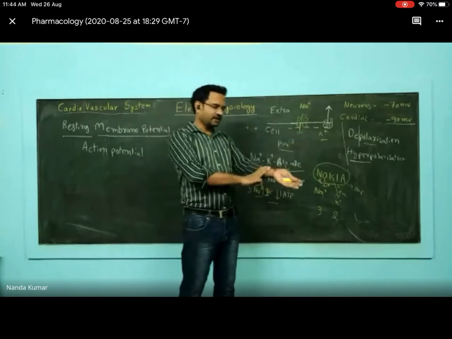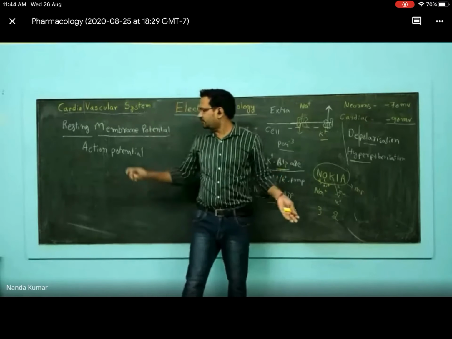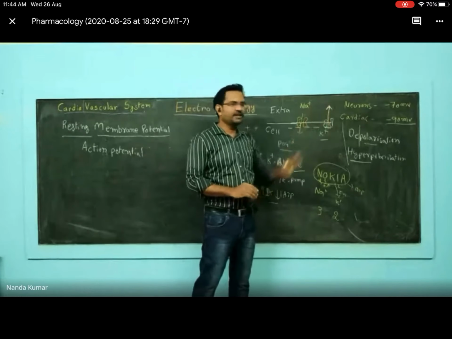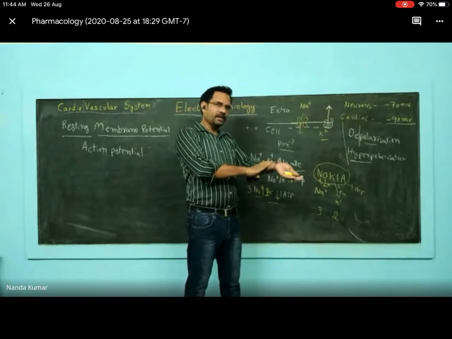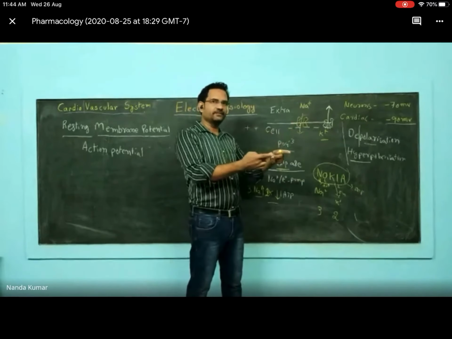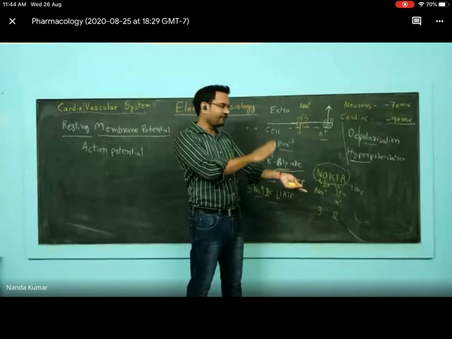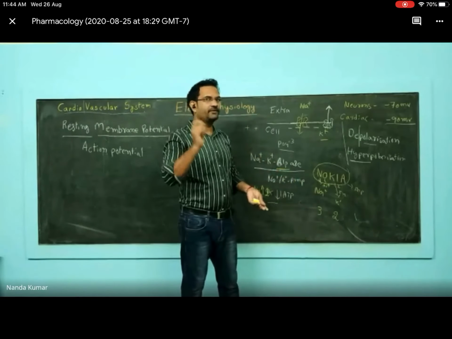When someone touches here, you feel that touch. How and why? It is because of action potential. All the neurons have a minus 70 millivolt resting membrane potential. When pressure is applied, the potential is changed. The change in potential passes through the neurons, reaches the brain, and you can feel that pressure. And that conduction velocity is very, very fast.